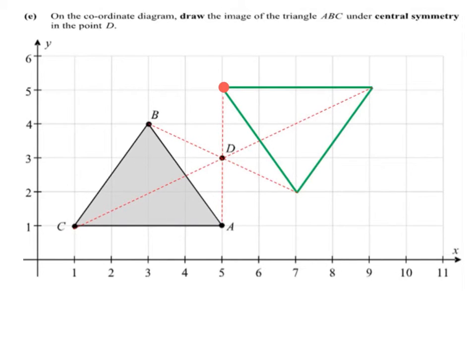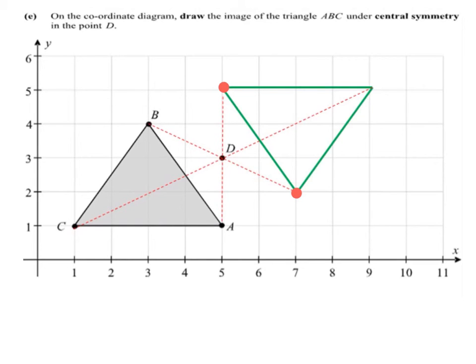So it might be best to actually just measure with your ruler how many centimeters you have gone from point B to point D. And you do the same in the opposite direction, and you put your new point at the end of that line.